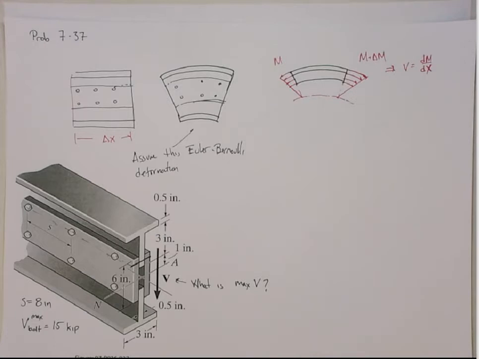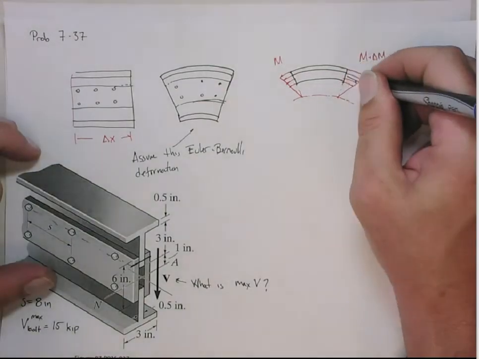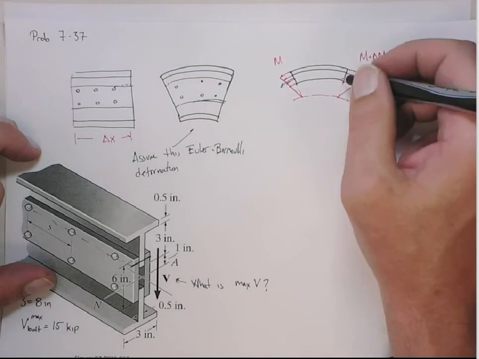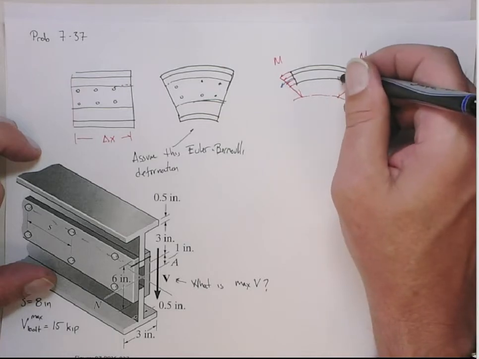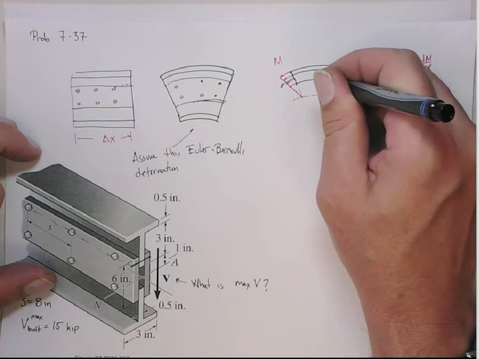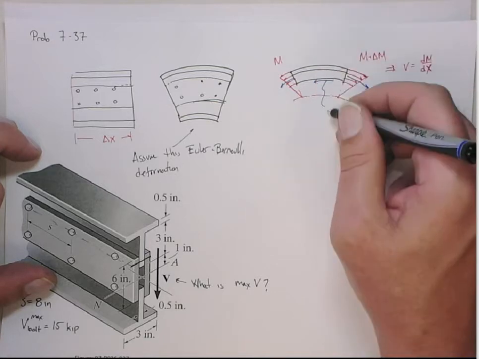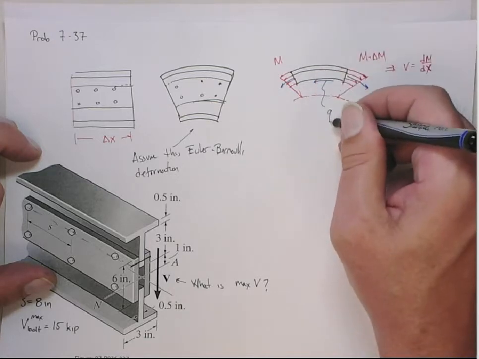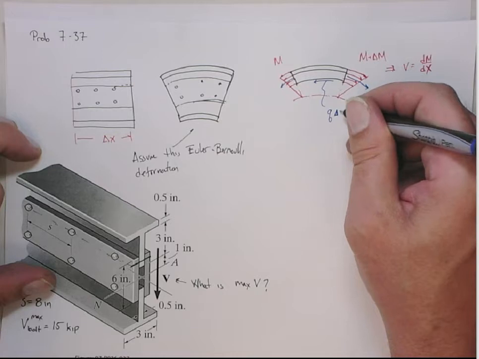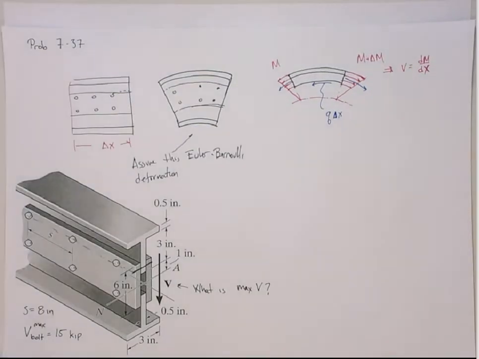Because when you look at this, right, the net force on this side is greater than the net force going this way. So that means there has to be another force that balances that out. This is the shear force, the Q times the length, times dx, if you will, right?